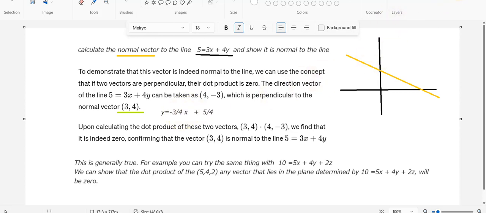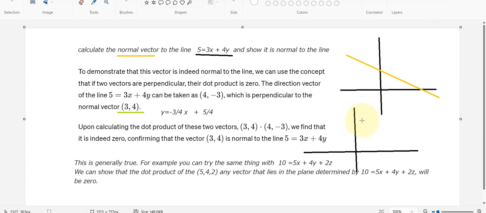So what does that mean? By the way, I just drew this line in here arbitrarily, so this is probably not anywhere near the right line. But anyway, the slope of the line is minus 3/4. Okay, so let's figure out what the slope means here.